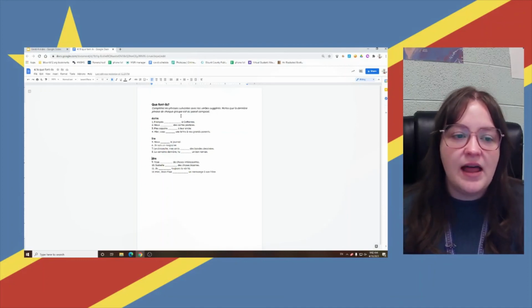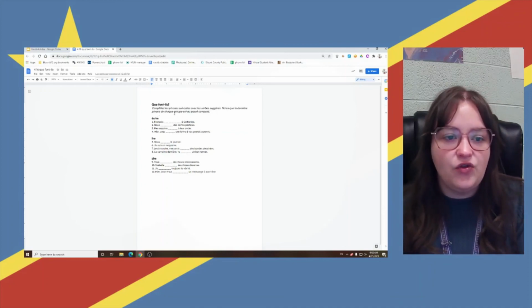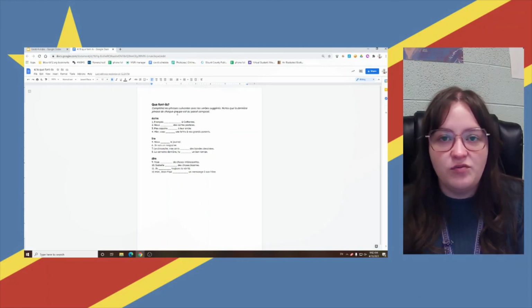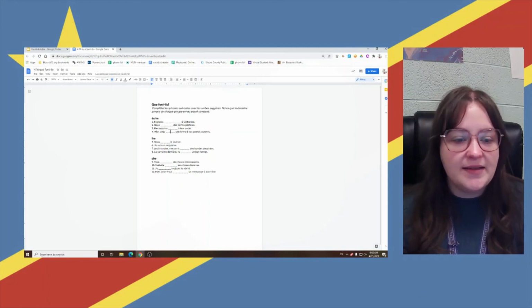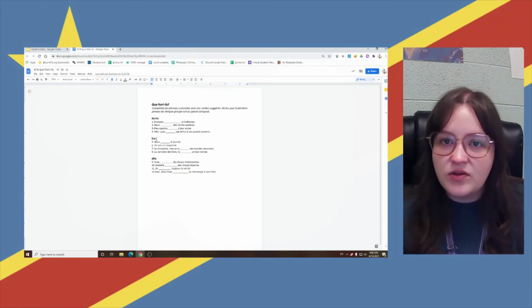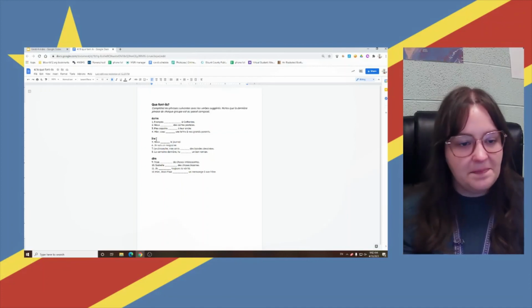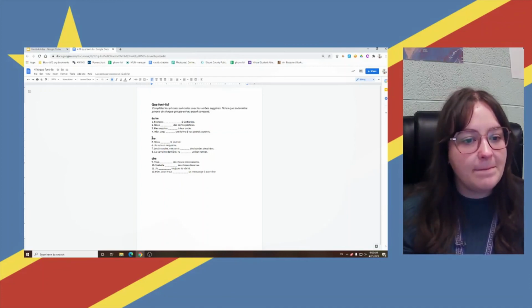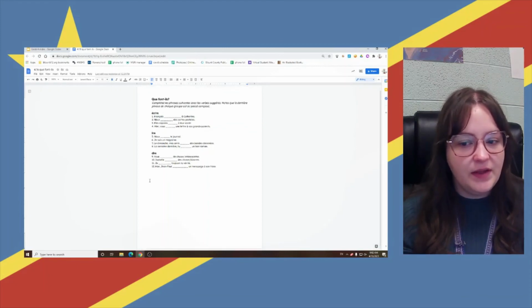Note that the last sentence in each group is in the passé composé, in the past tense. So you'll have to make sure that you use the verb in the past tense. That's why I gave you the past participles. So that's it. You're just looking at the subject and conjugating the verbs for that subject.